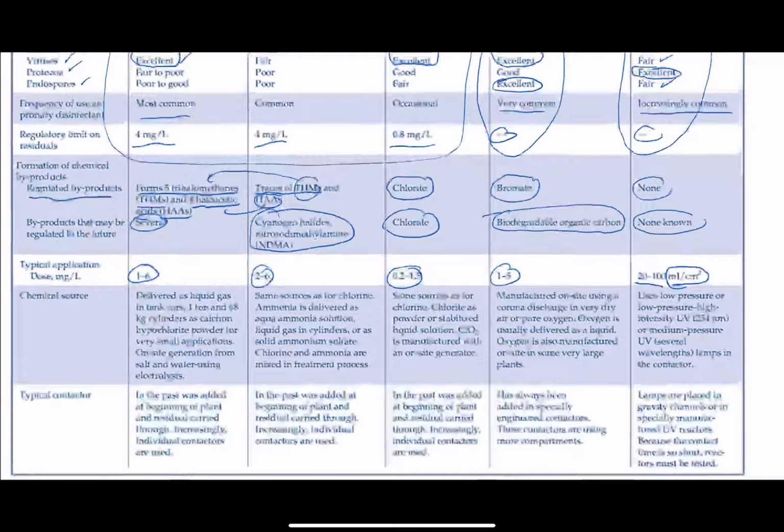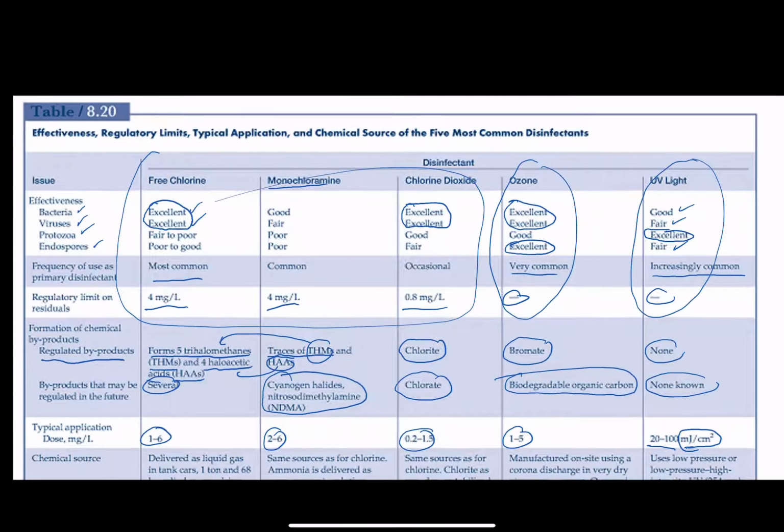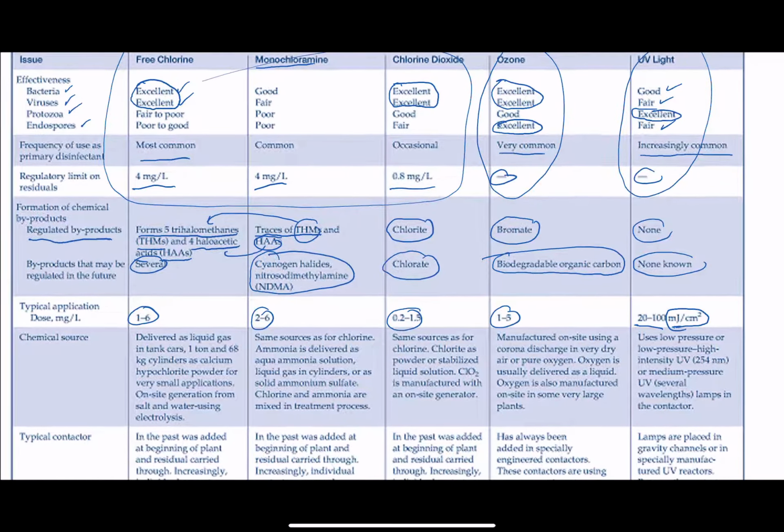Now, the chemical source or how it is delivered. For free chlorine it is either liquid gas in tank cars, 1 ton and 68 kilogram cylinders, as calcium hypochlorite powder for very small applications, or on-site generation from salt and water using electrolysis.